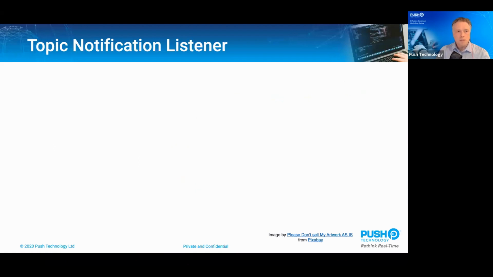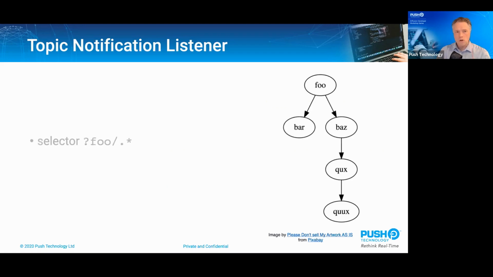In the previous slide, we made a distinction between selected topics and immediate descendants. Let me give you an illustration so we can really clarify the difference. Given this topic tree and this selector, the selected topics will be bar and baz, rather than foo/bar and foo/baz. And the direct descendants will be quux, but not quooks, if that's how you say it, QWX.